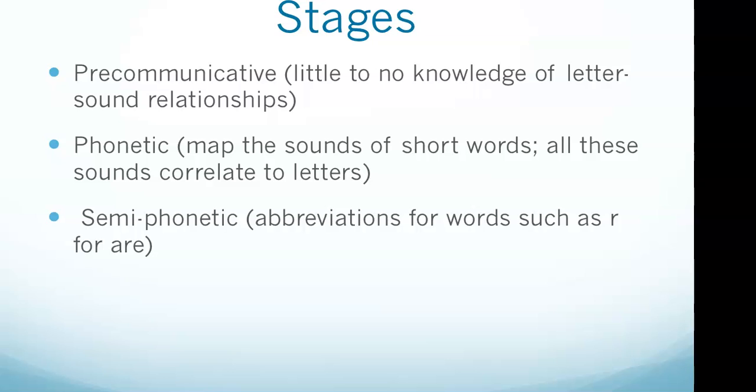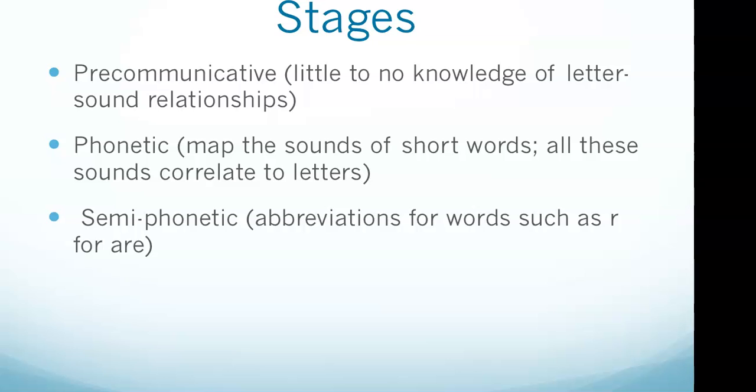Stages. We've got three stages that we want to be familiar with. The pre-communicative stage has random strings of letters, but little to no knowledge of letter-sound relationships. In the phonetic stage, readers are able to map the sounds of short words, and for the first time, all these sounds correlate to letters.